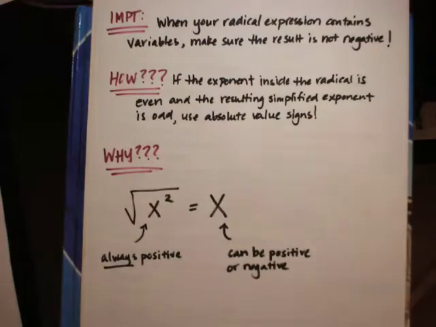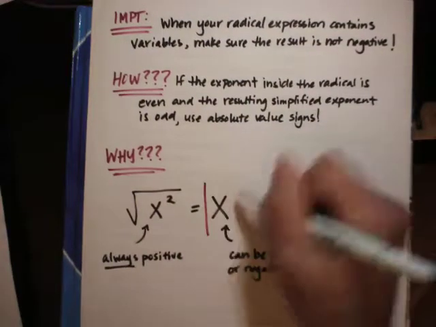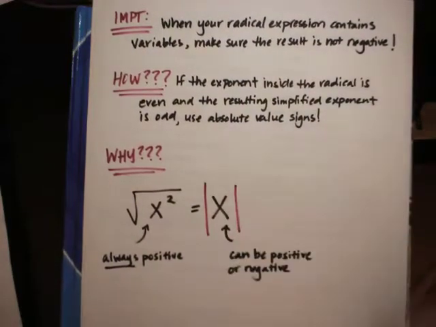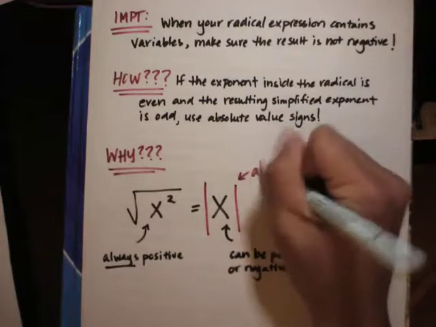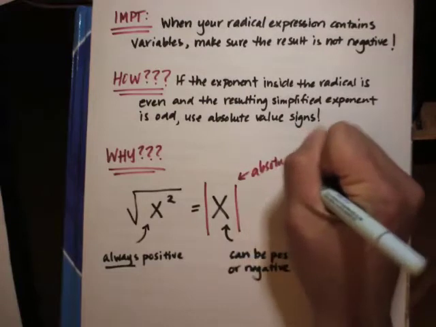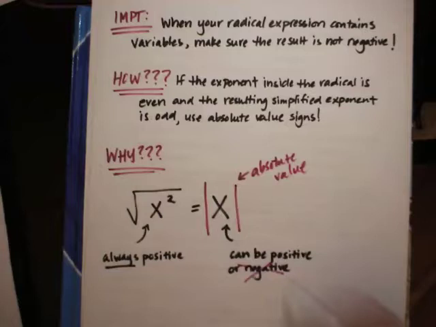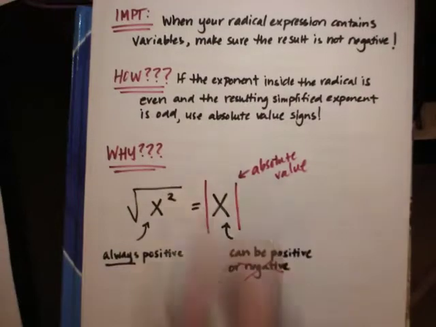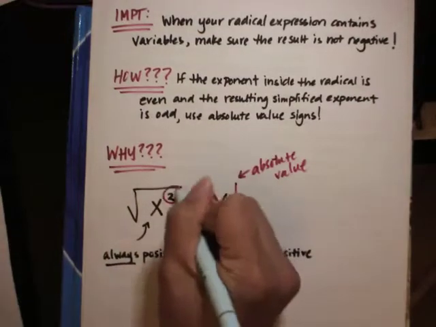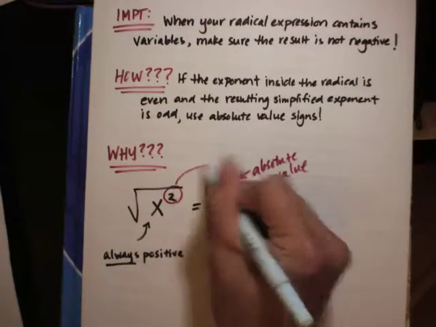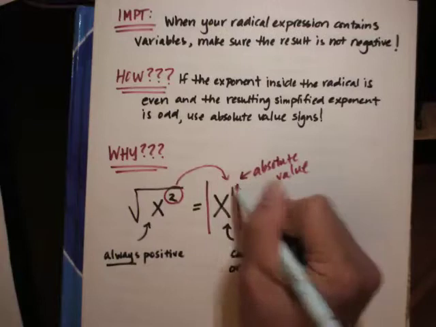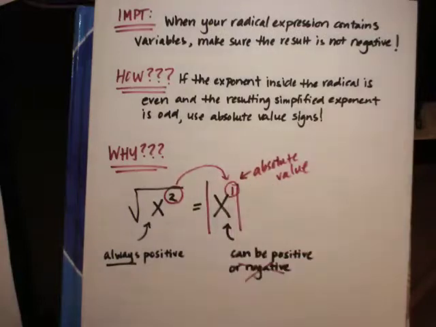So we have to use the absolute value symbol to ensure that this value is positive whenever you have an even exponent and simplify to an odd exponent, because that's x to the first.